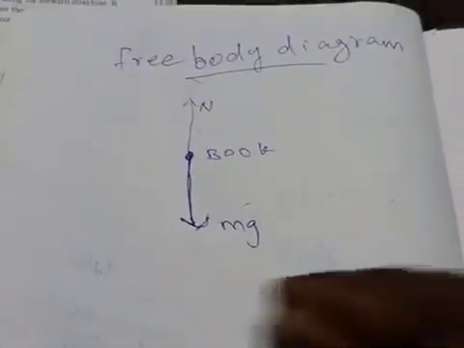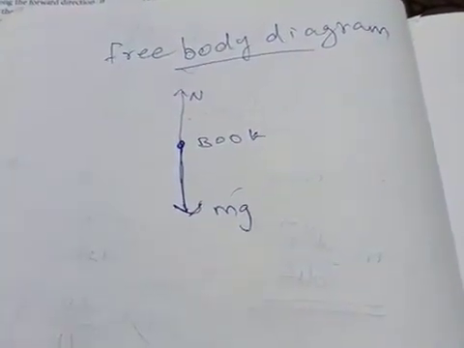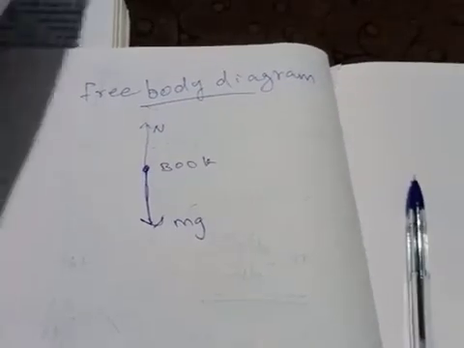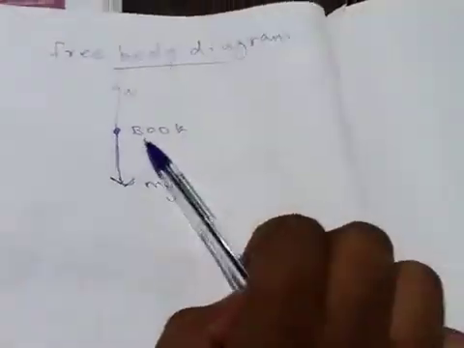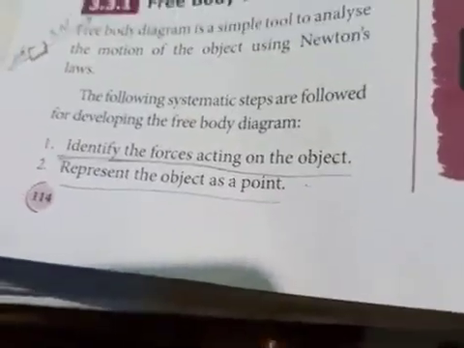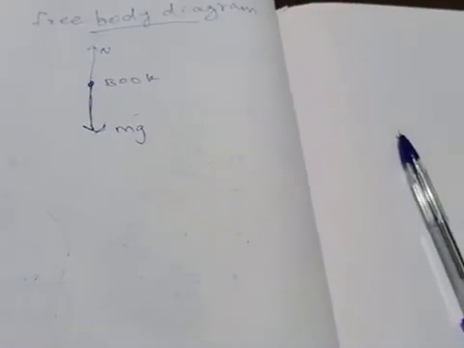Many examples we can draw like this. You have to learn the procedure and the steps to be followed to draw a free body diagram: identify the forces on the object, represent the object as a point, and draw the vectors representing the forces acting on the object. So my dear students, today we have gone through a 5-mark question.